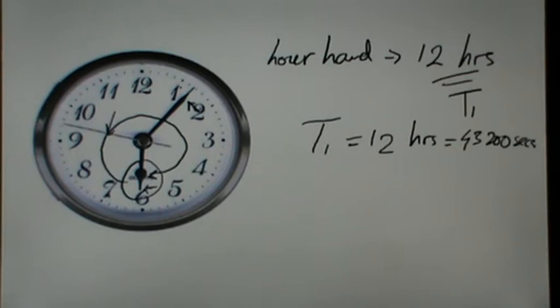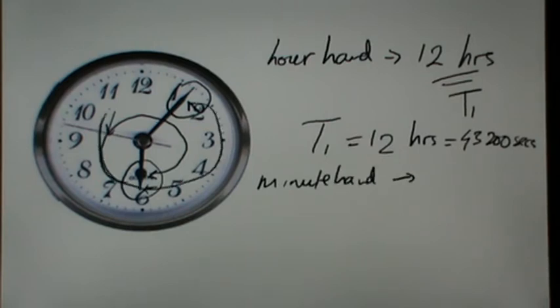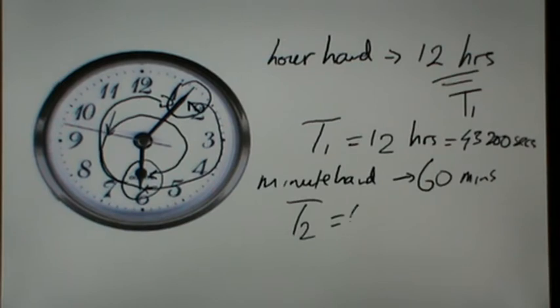Secondly, let's take a look at the minute hand. The minute hand will complete one circle in 60 minutes. Therefore, the period of the minute hand is 60 minutes, or we can also say that it's 3,600 seconds.